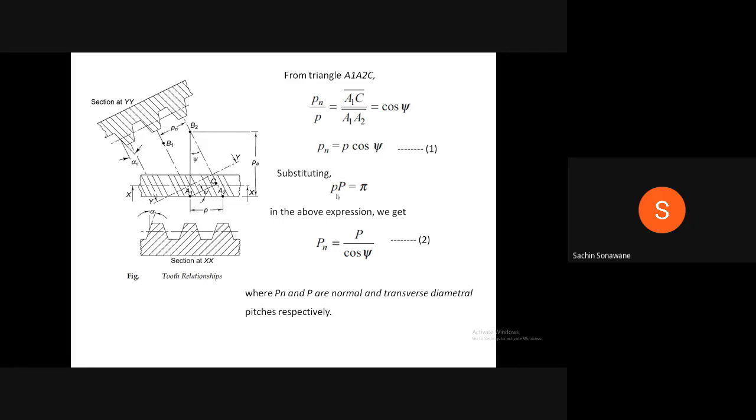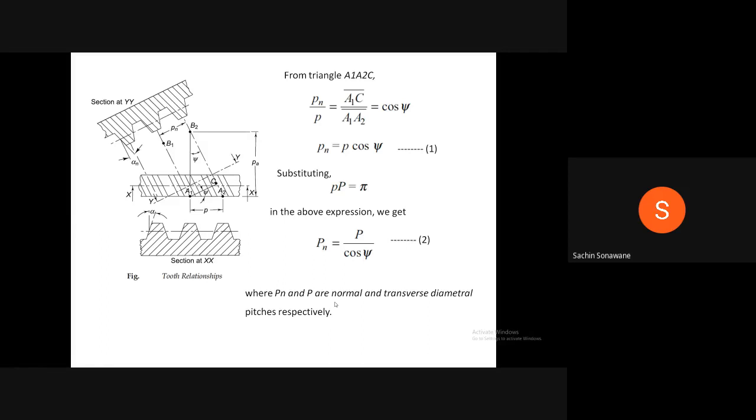Therefore, in the above expression we get Pn is equal to P divided by cos psi. Equation 2, where Pn and P are normal and transverse diametral pitches respectively.